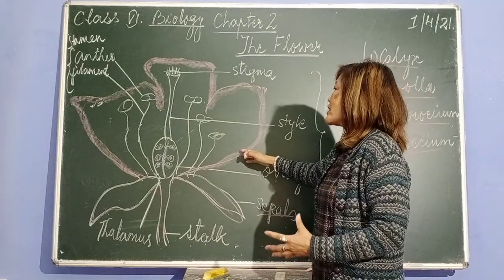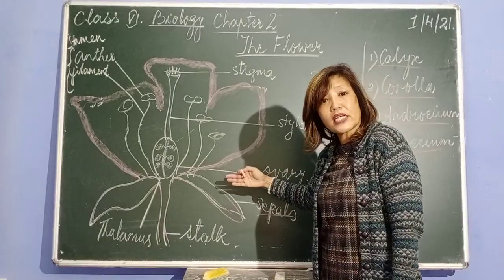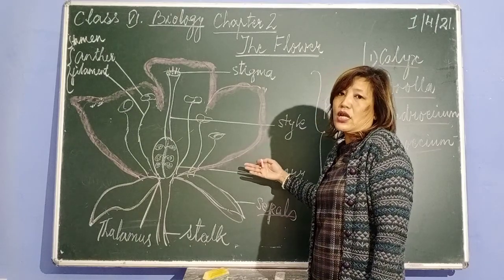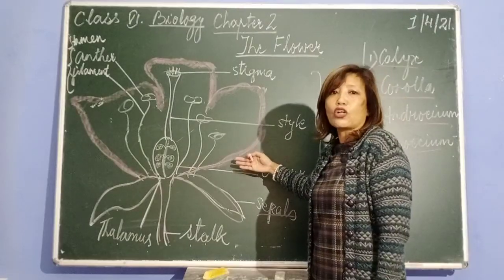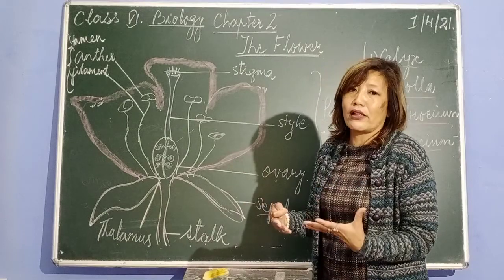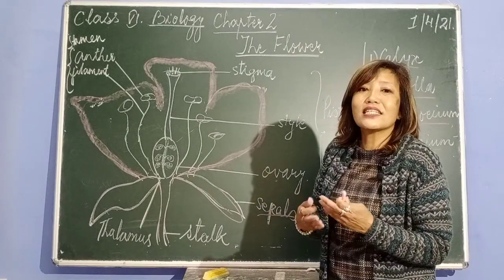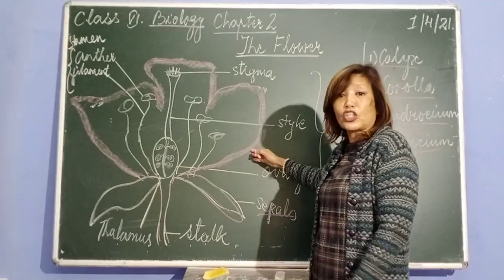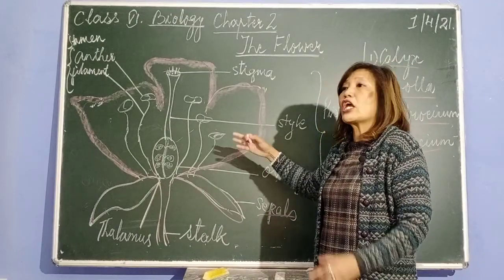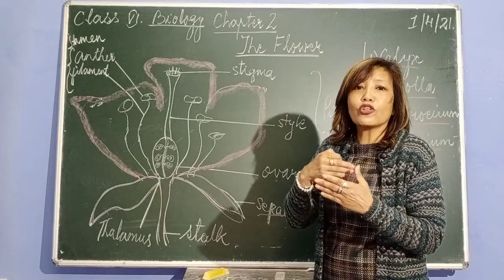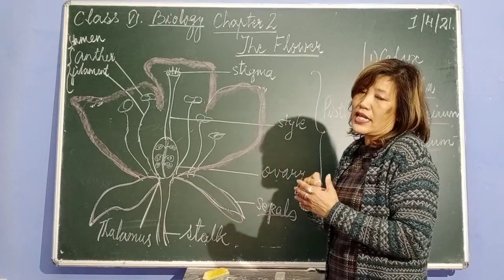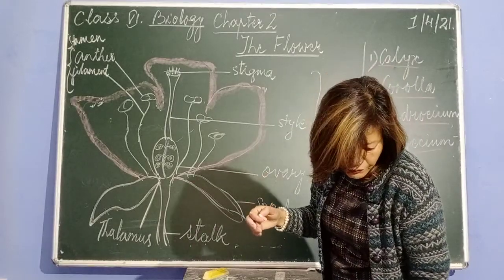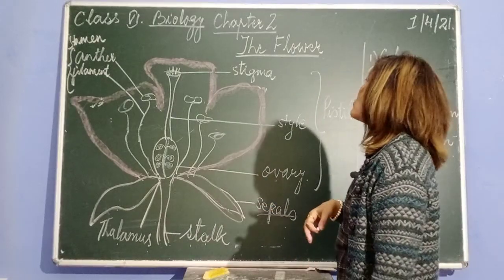They attract the insects because of the bright color. The flower's petals also have a pleasant smell, because of which insects can easily get attracted towards them. That is the main function of petals, to attract insects for the process of pollination.